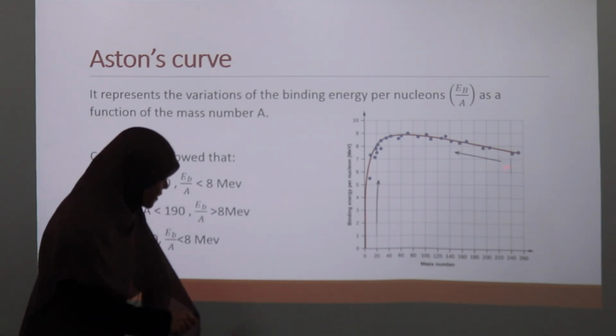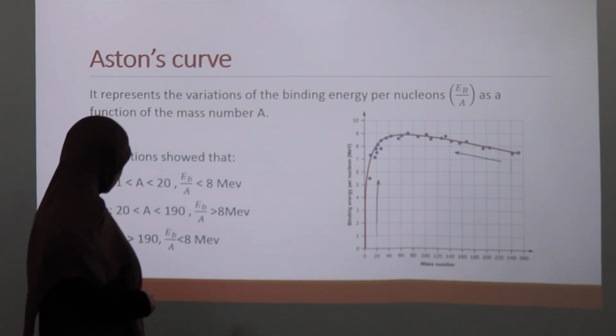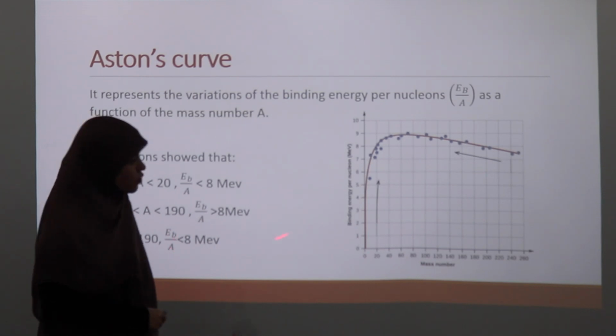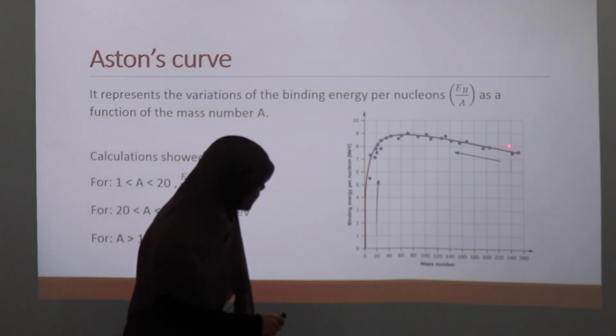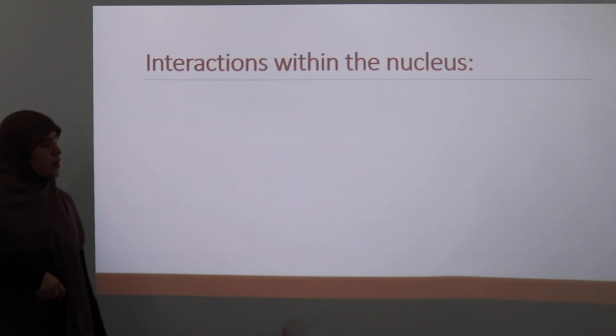It starts decreasing after A equal to 190, such that for A greater than 190, the binding energy per nucleon is less than 8 mega electron volts. So you can deduce that the nuclei that have mass number between 20 and 190 are more stable, since the binding energy per nucleon is greater than 8 mega electron volts.